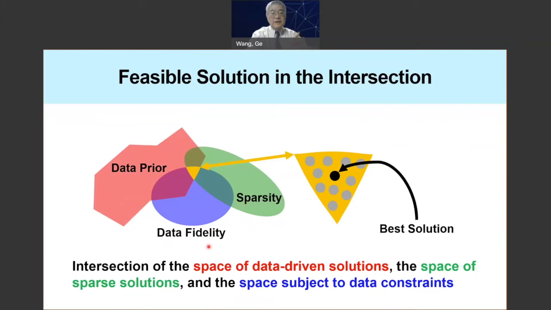With a hybrid framework, as I just explained, we can find the solution in the intersection of these three spaces. Same as I mentioned earlier, use AlphaFold as prior knowledge, and you try to do a good protein structural reconstruction. So you find the best solution in this intersection. So this is the idea.